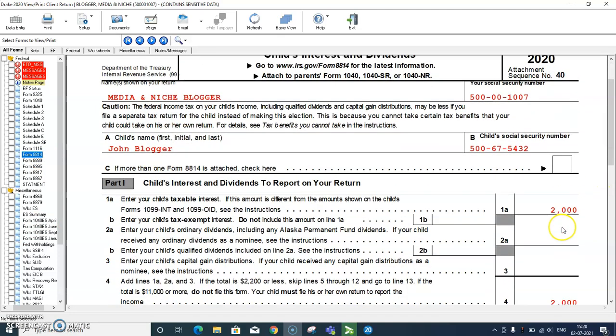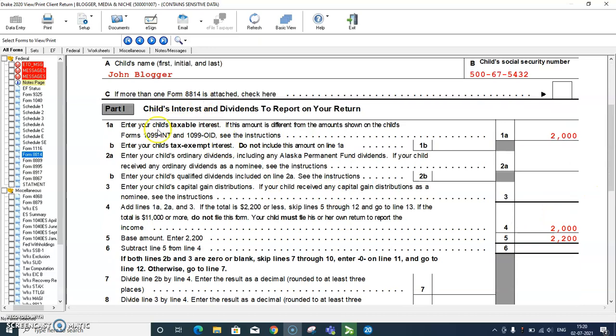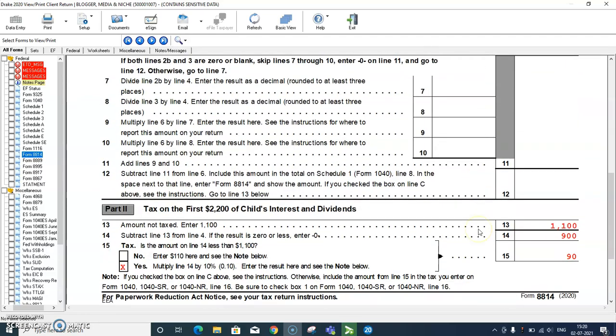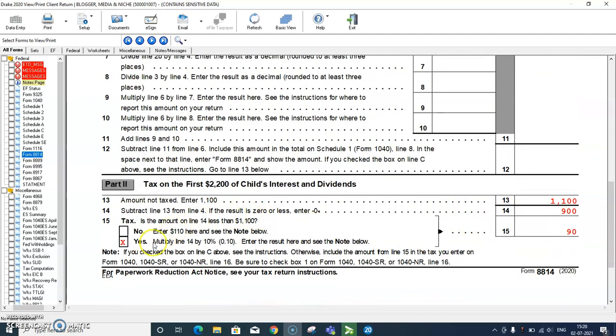Let's see. You can see: enter your child's taxable interest on line A if the amount is different from the amount shown on the child's 1099. Okay, you can see it is showing $2,000 on Form 8814. Also, please note the tax on the first $2,200 of the child's interest and dividends.